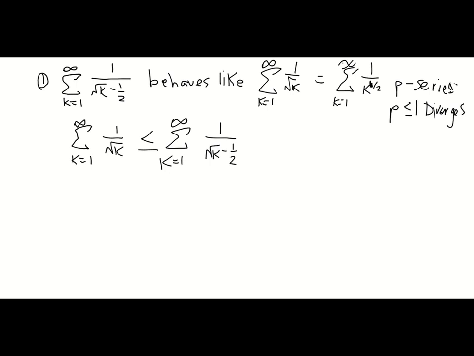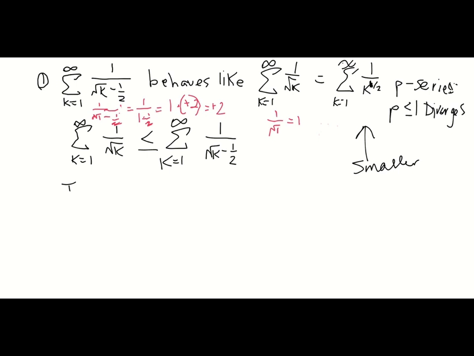In order to use the direct comparison test for convergence, you must always state which series is smaller or larger than the other one to use it. So we now know that this smaller series, 1 over the square root of k, is diverging.